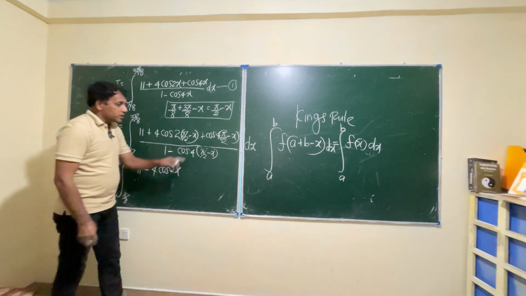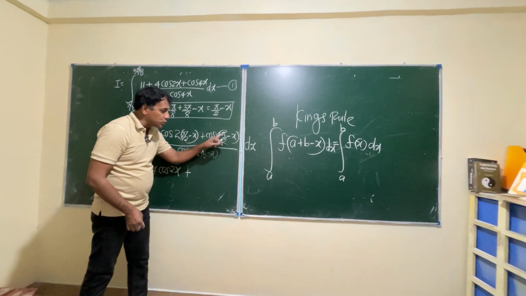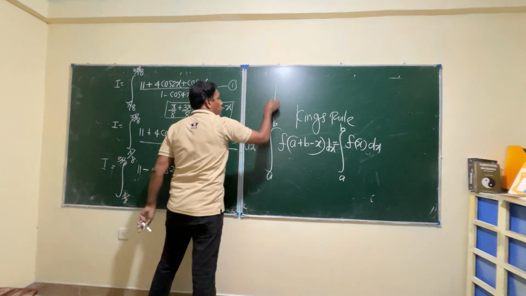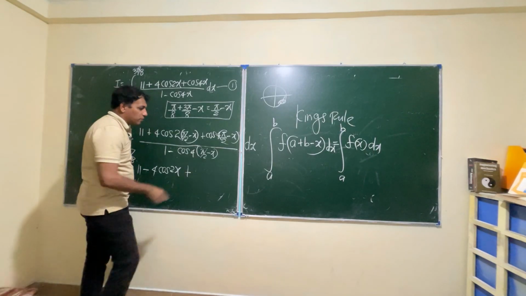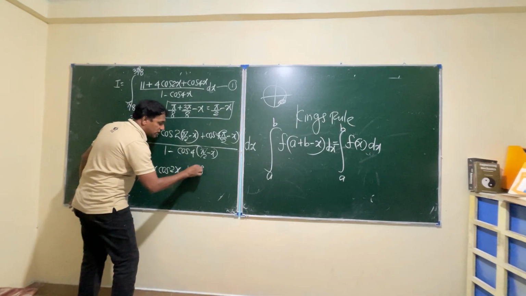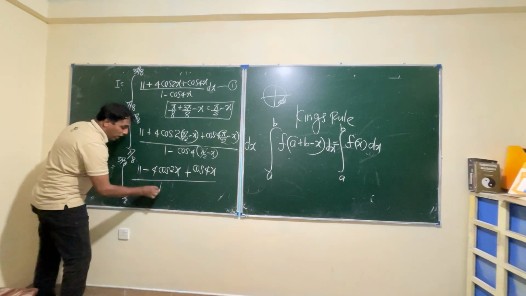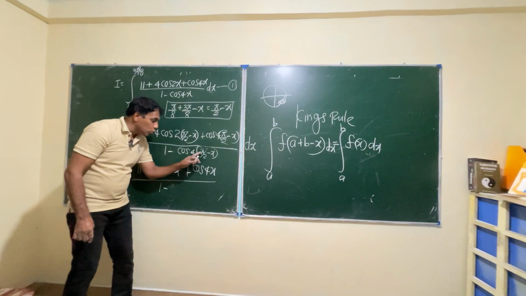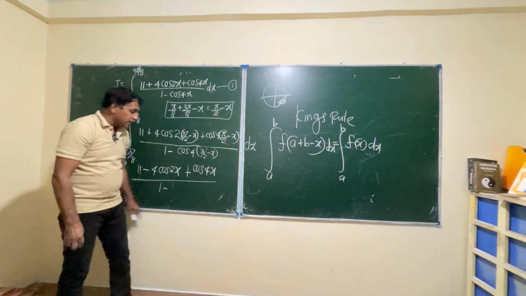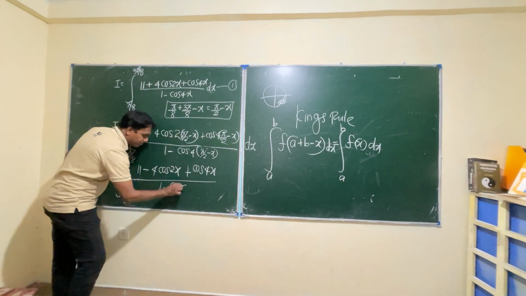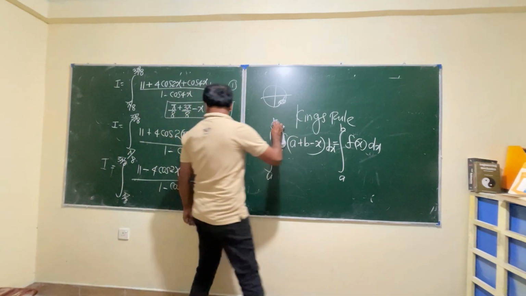Then cos of 2 pi minus 4x, in the fourth quadrant cos is positive, therefore the same answer, cos 4x. The denominator simplifies the same way, 1 minus cos 4x, dx. Now further simplify.